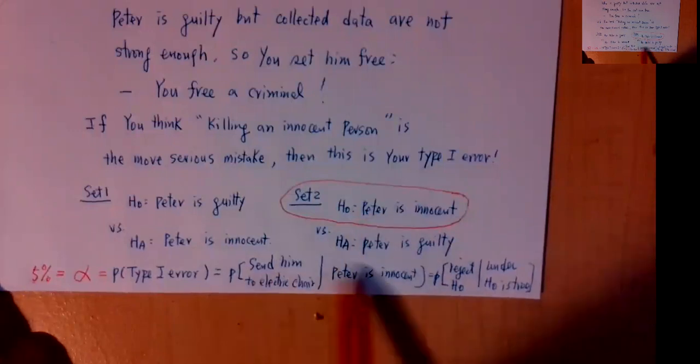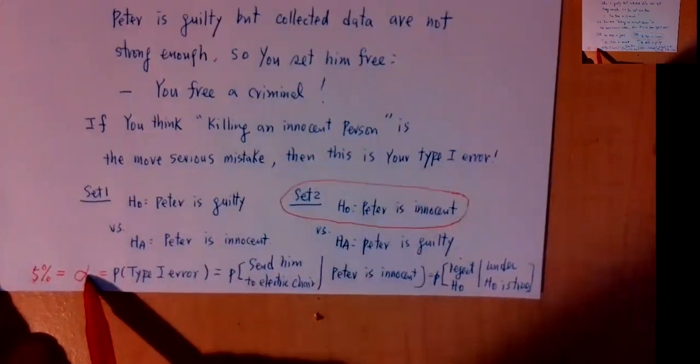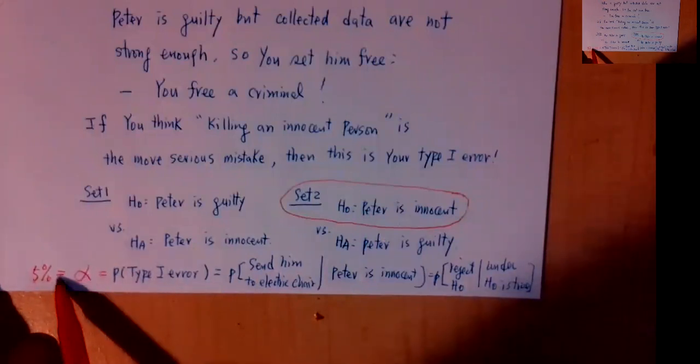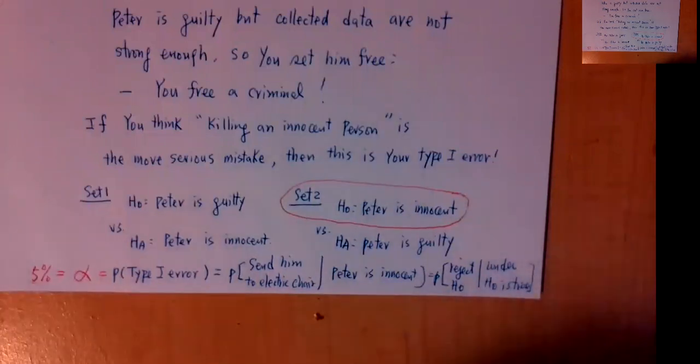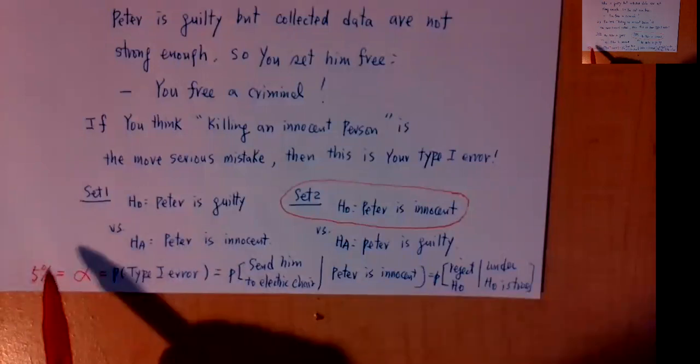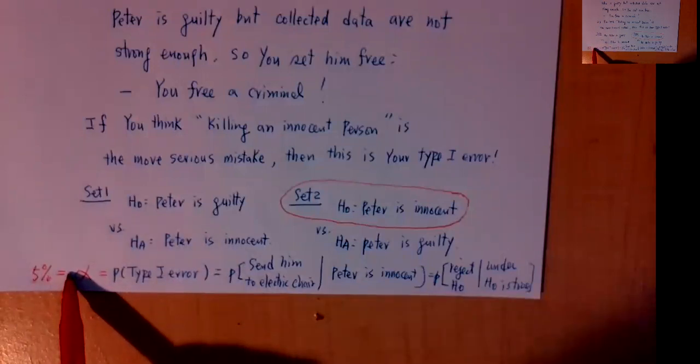Okay? Since this is the more serious mistake, we allow a very small chance of making it. And that chance is only 5%. That is to say, unless the collected evidence is super strong, otherwise you just free everybody, right? Unless the collected data are super strong against Peter.